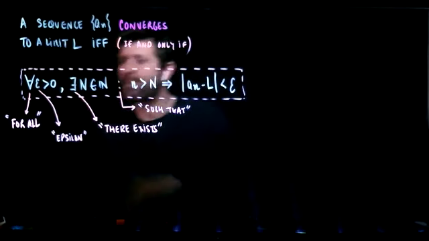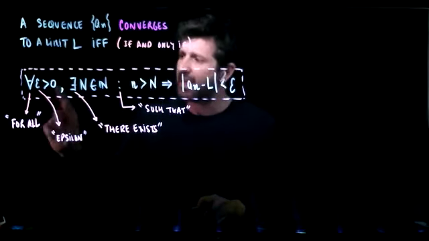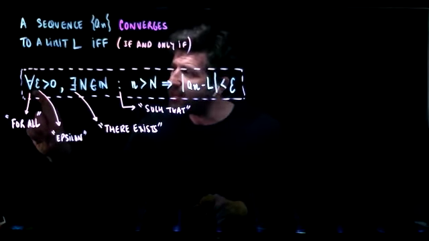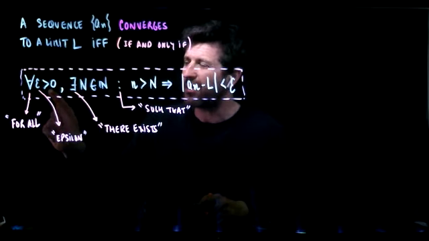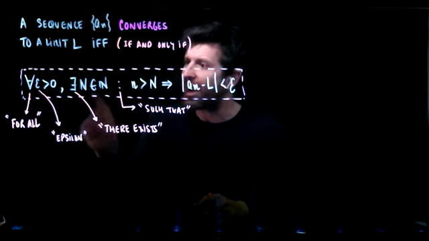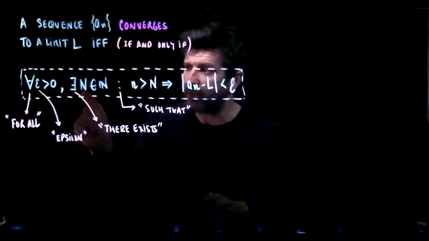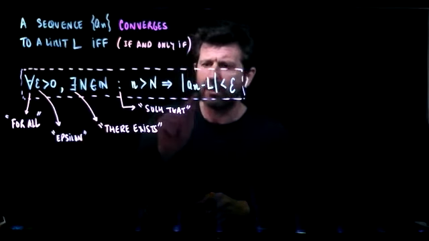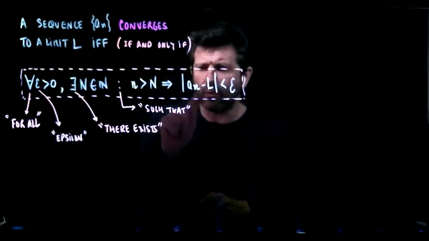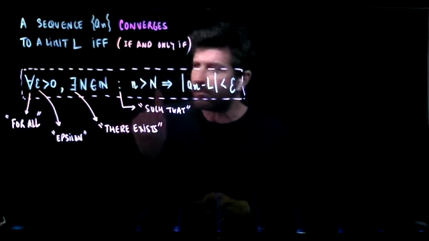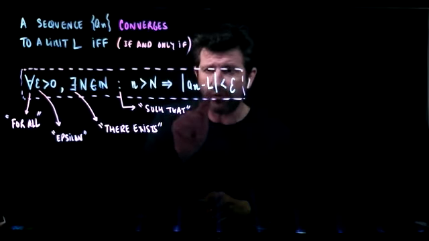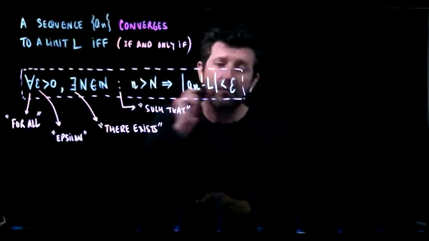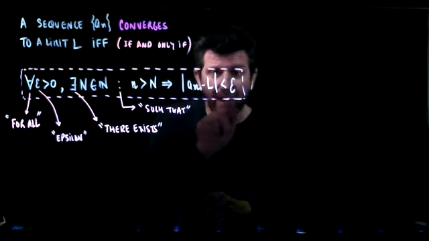So again, for any small number, no matter how small I want, I could find a number N such that whenever n is bigger than that, the nth term is close enough to L. It's closer to L than epsilon, right?